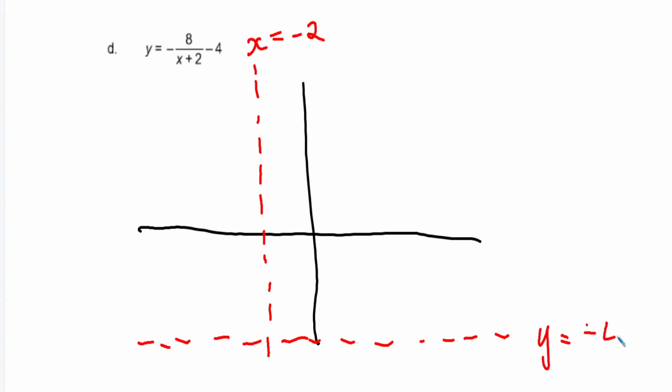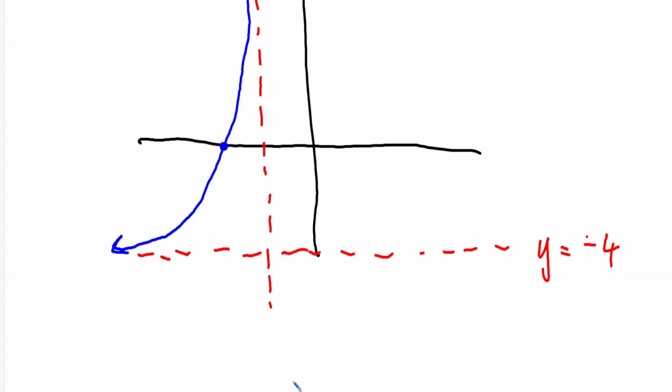We said that the function's actually going to be in quadrants sort of 2 and 4, so it's going to be somewhere here. It's going to have an x-intercept, and it's going to have a y-intercept. They're both very easy to find, actually.